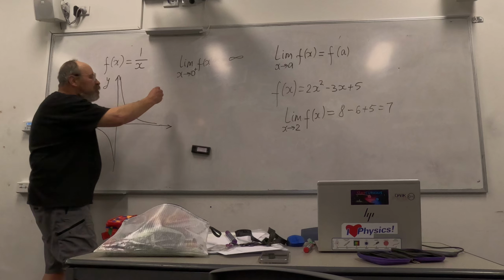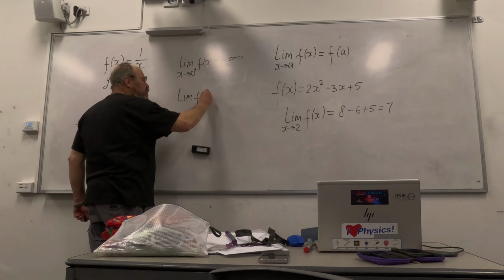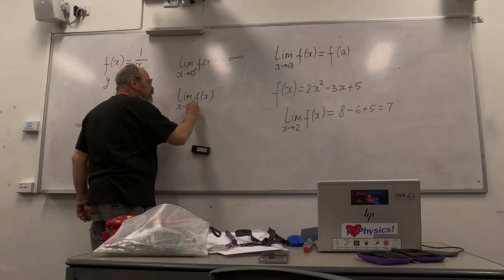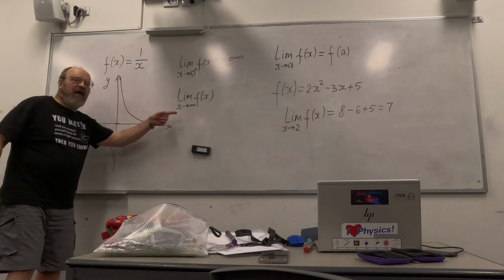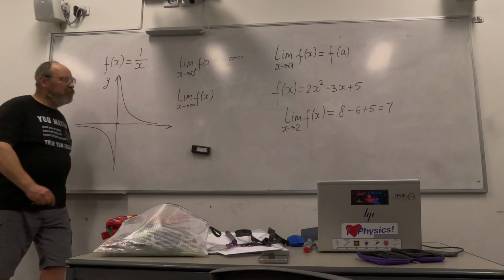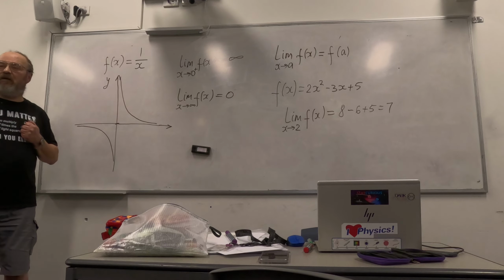Now, what will be the limit of the same function when x approaching infinity? When x approaching positive infinity, it is equal to 0. Will the function ever equal 0?